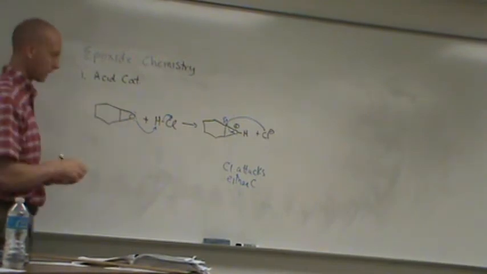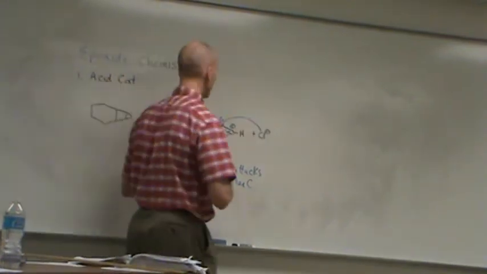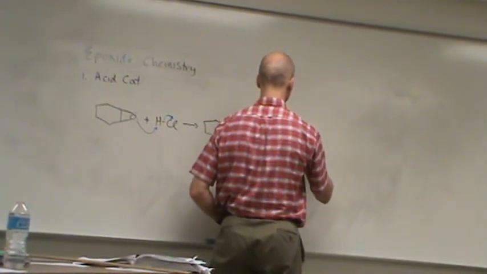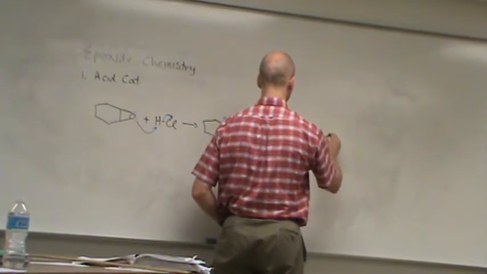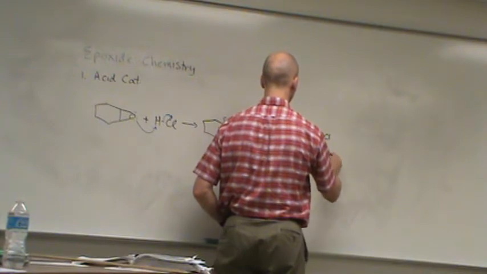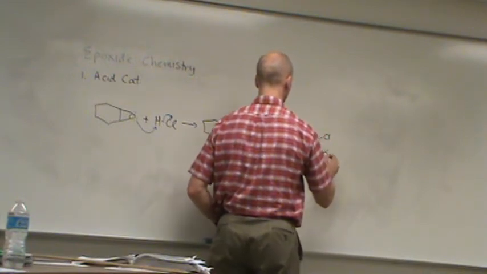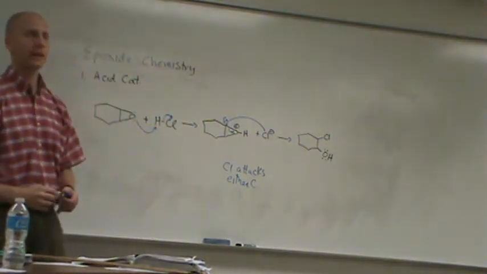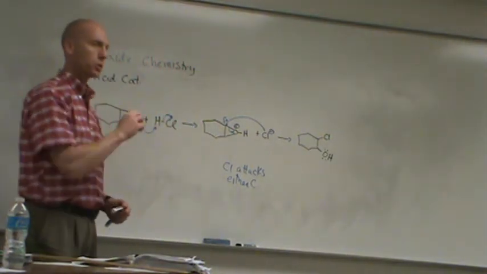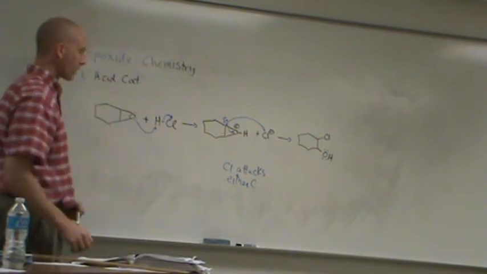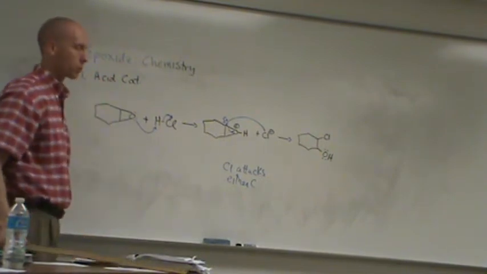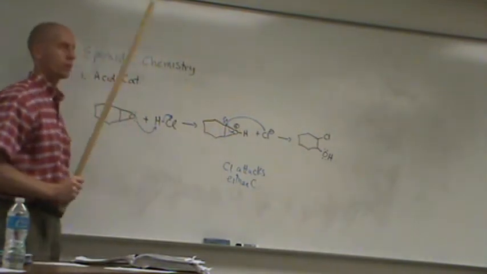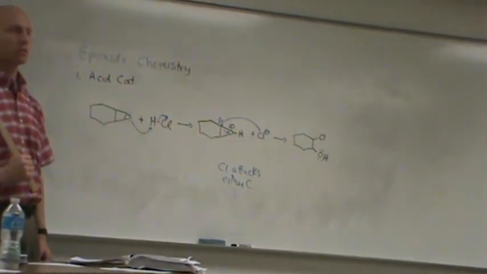Those go with the oxygen. So oxygen has its 2 lone pair back, so it's happy. It's neutral. And so these 2 groups are now on the cyclohexane ring. Okay.